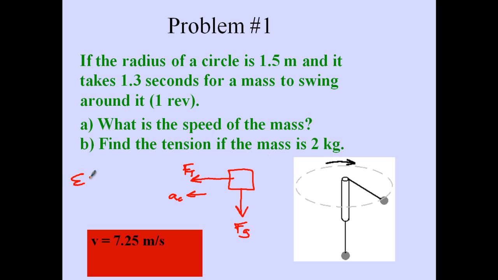So we do our net force in x equals mac equals F_T. So all we have is F_T equals our m a_c, but remember a is v squared over r. So m times our 7.25, our m is 2 kilograms. We have to square that, divide by 1.5.